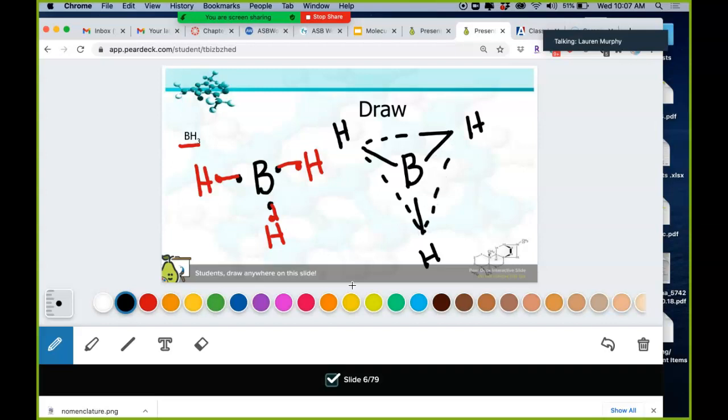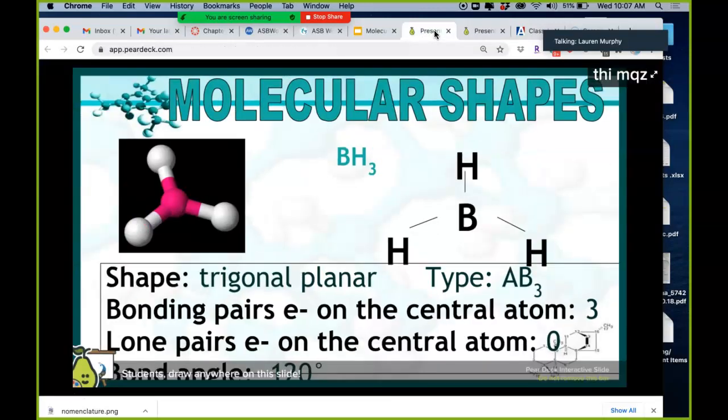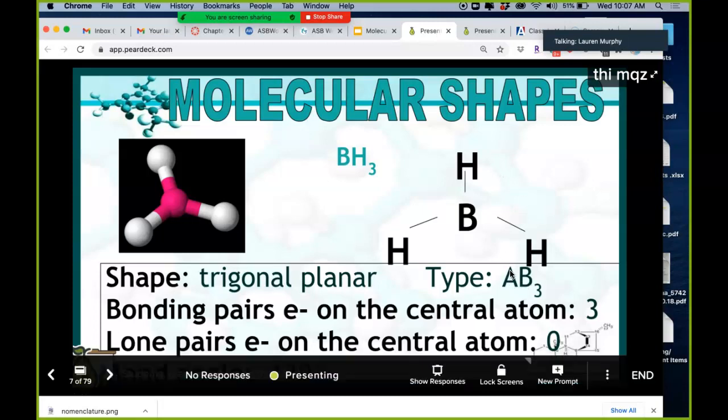Okay? And what do you know about a triangle? Well, a triangle all the way around is 360 degrees. So split up 3 times is 120. 120 plus 120 plus 120 is 360. So they call this shape trigonal planar, okay? And it's considered an AB3 structure where there's a central atom, boron, and there's 3 things bonded to it, hydrogen, hydrogen, hydrogen.